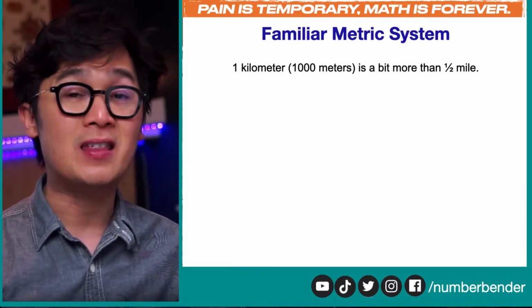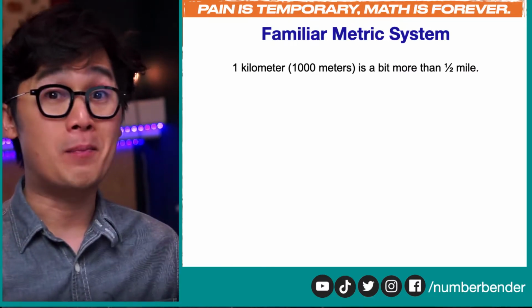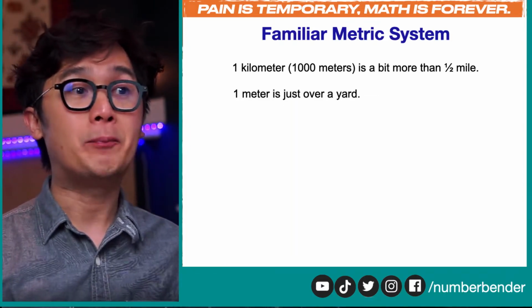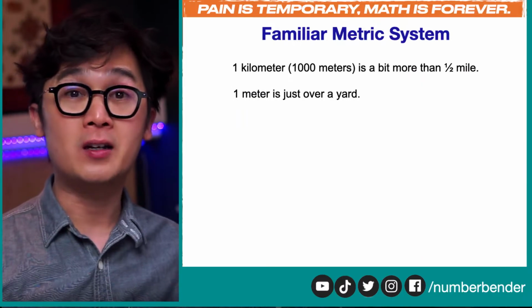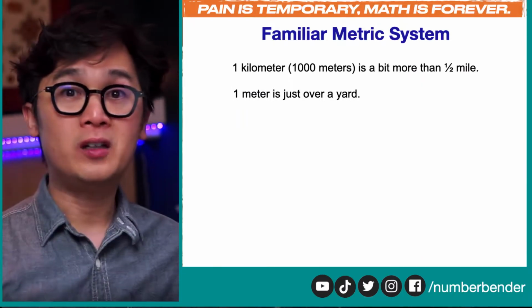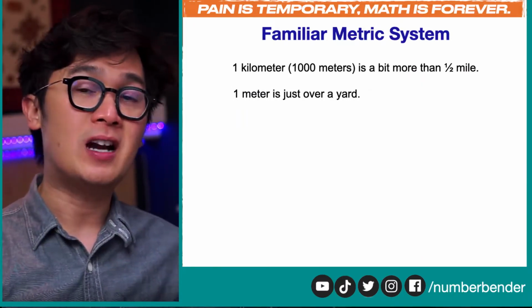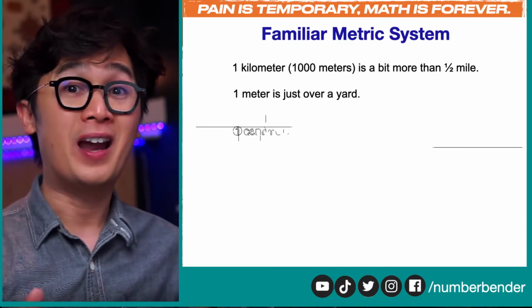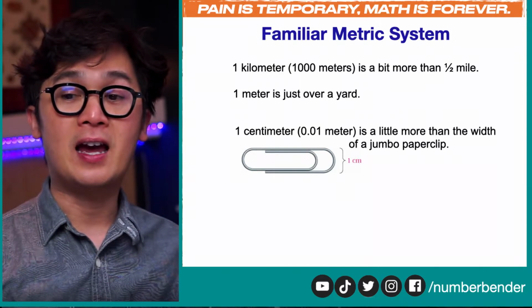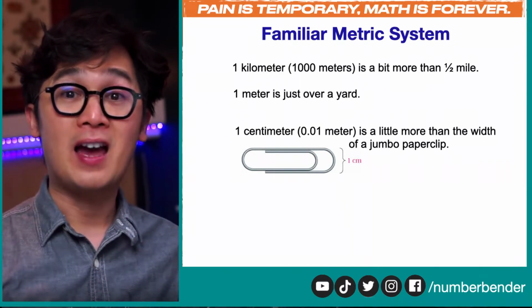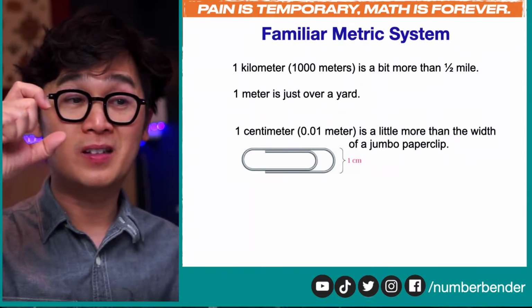So we can say that 1 kilometer is longer than a mile, and 1 meter is just over a yard. So instead of yard, in the rest of the world, we use 1 meter as a unit of measurement for length. And 1 centimeter is basically as wide as your paperclip.